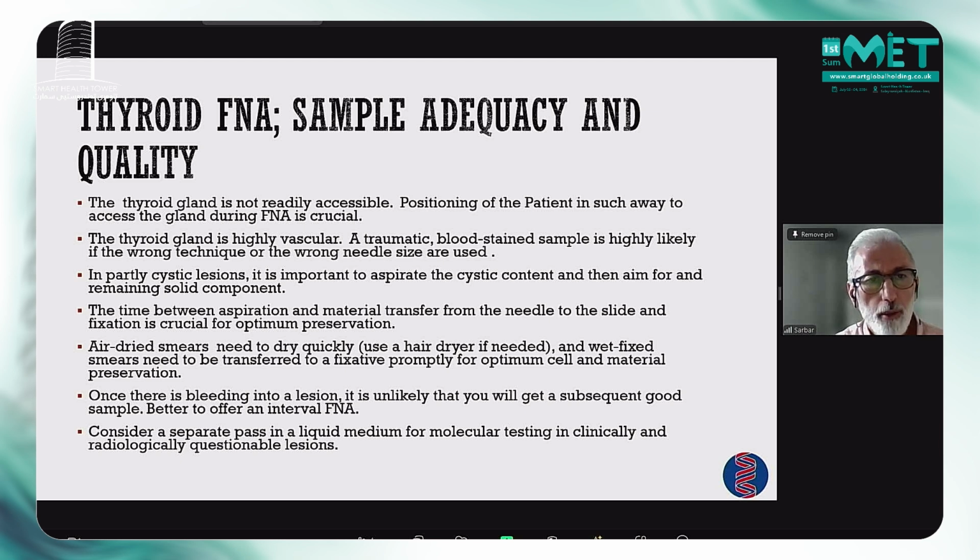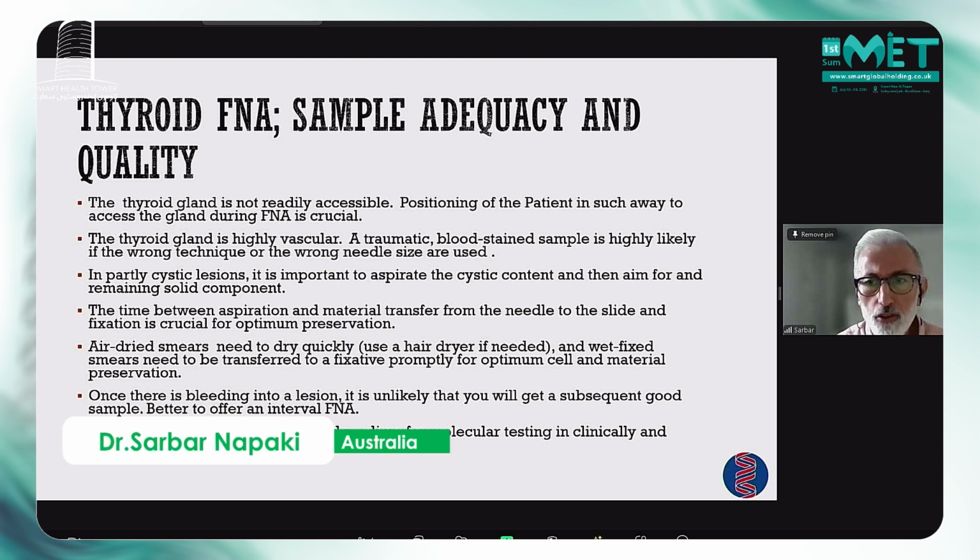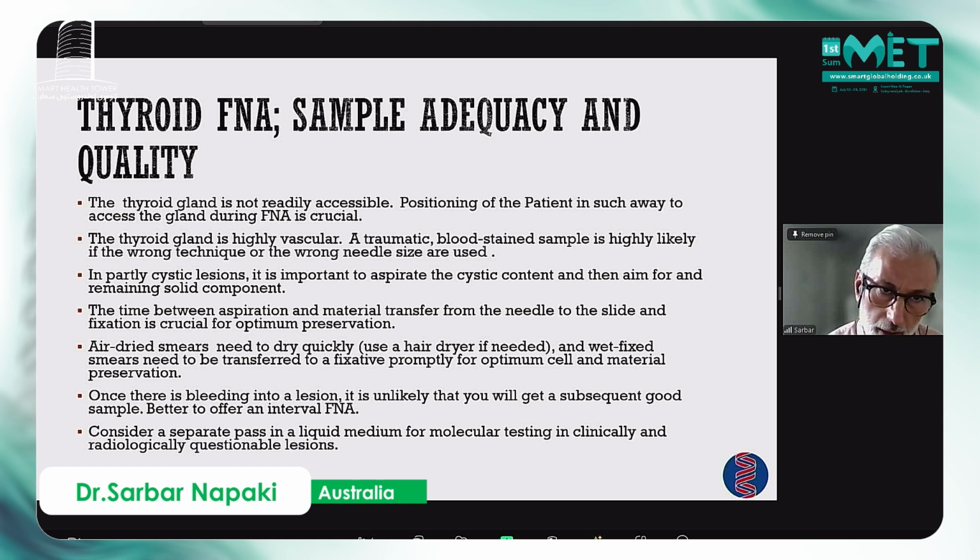As you know, it is really important that the sample quality is not compromised because now it is not just a matter of diagnosis, but you may also require the material to be sent for molecular studies, which can have therapeutic and prognostic implications.